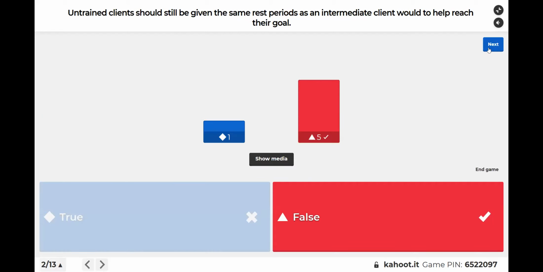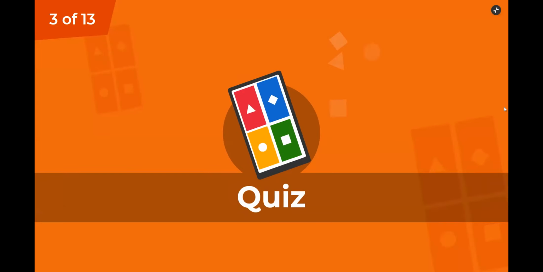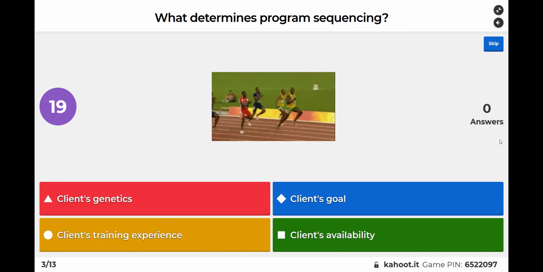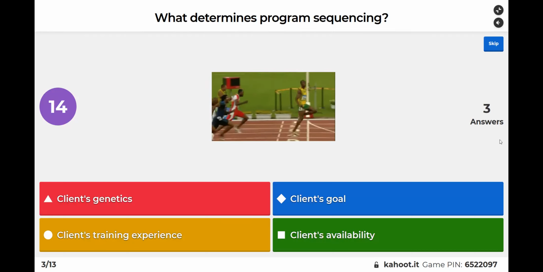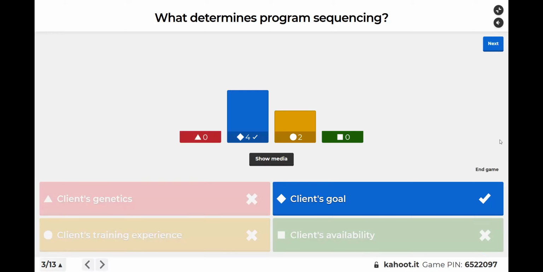They can have longer rest periods. Good.